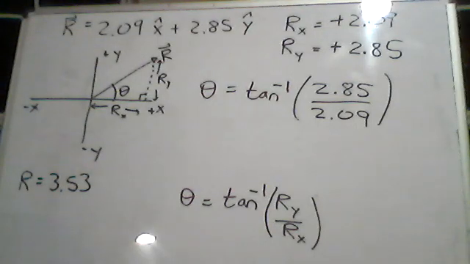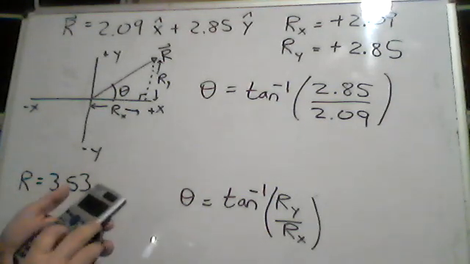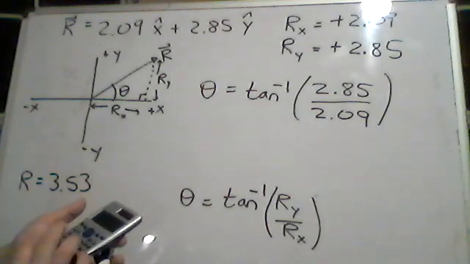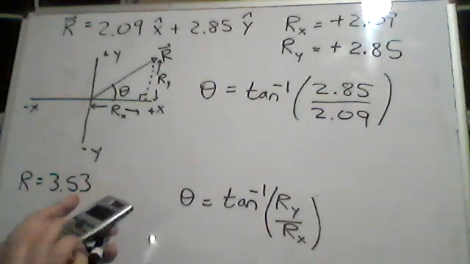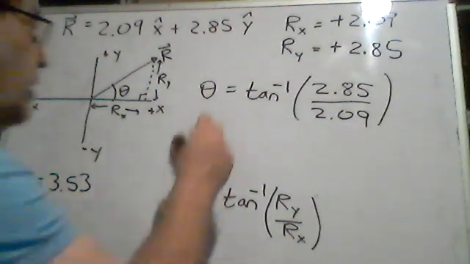If you have units inside the argument of a trigonometric or transcendental function, there's a problem. You never want units in one. All right, so I'm going to take the inverse tangent of 2.85 divided by 2.09, and when I do that, I get 53.7 degrees.